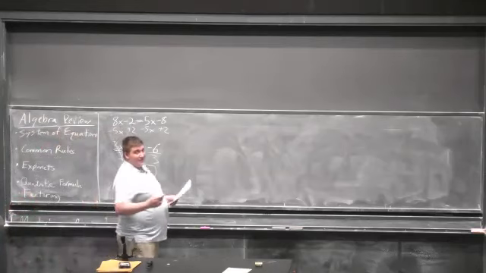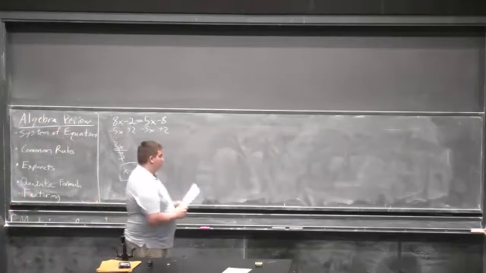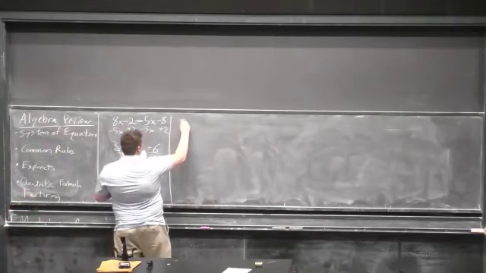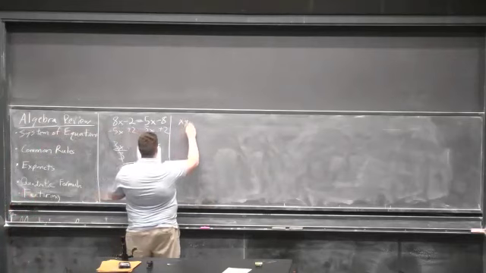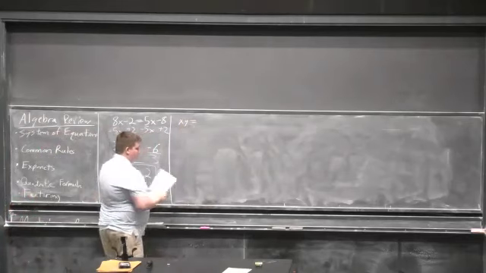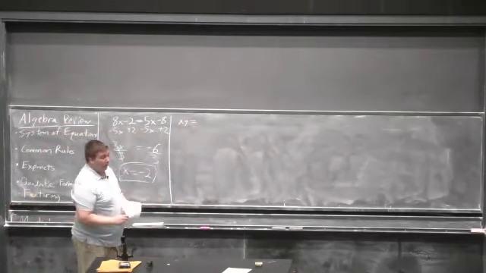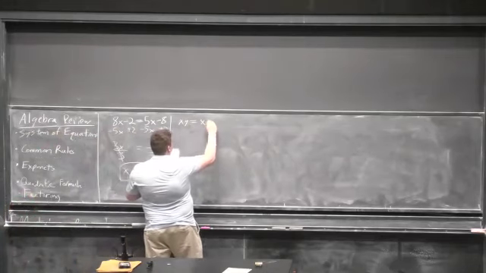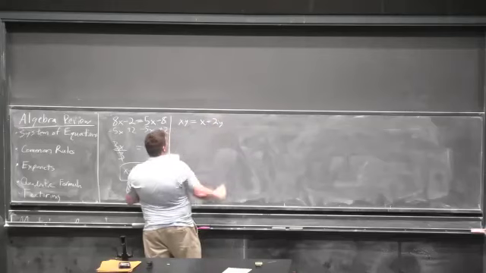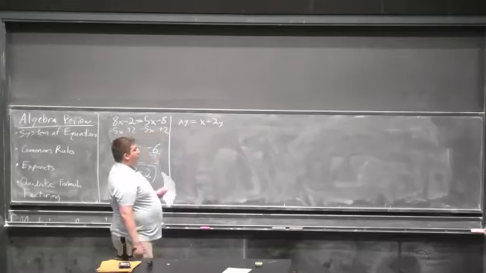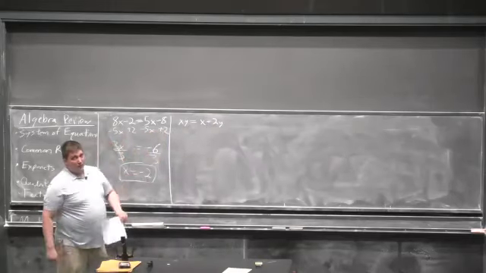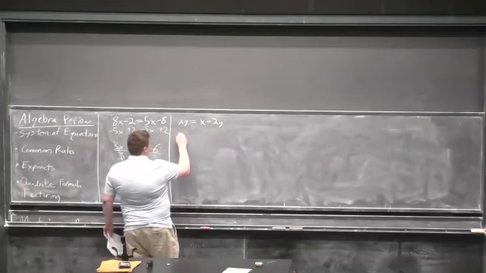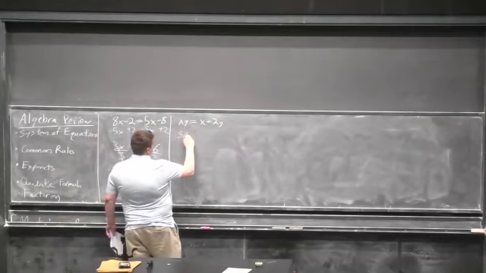For a system of equations, we can have an example like x, y, or sorry, I didn't say system of equations, I should say multivariable equation. xy is equal to x plus 2y. Now here we can solve for x or we can solve for y. So we're going to break this up into two cases. First we're going to solve for x.